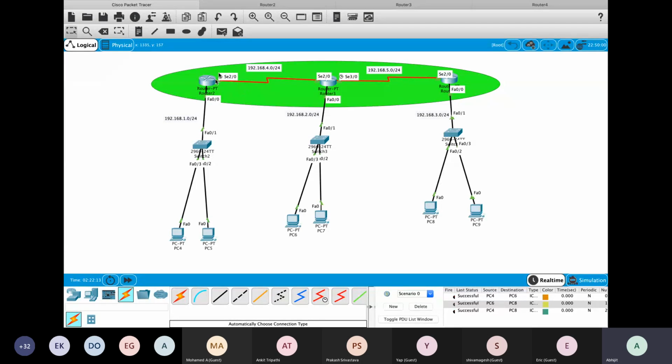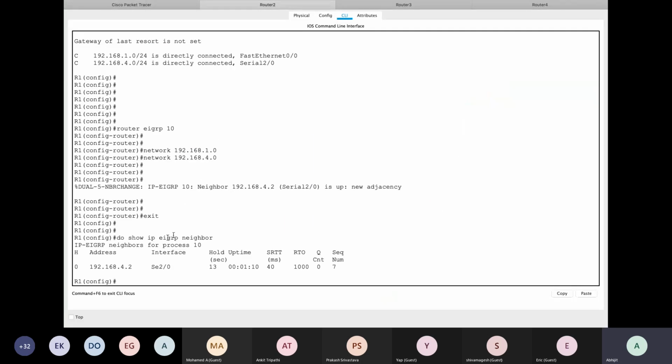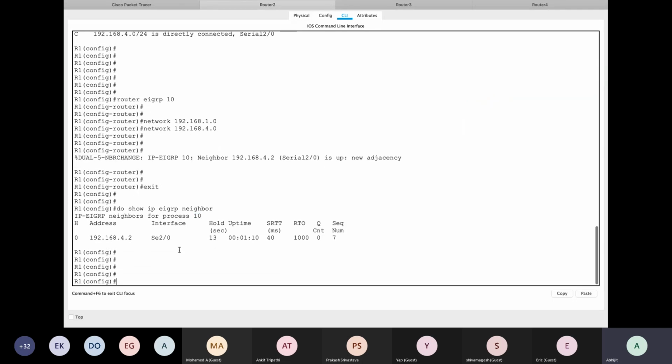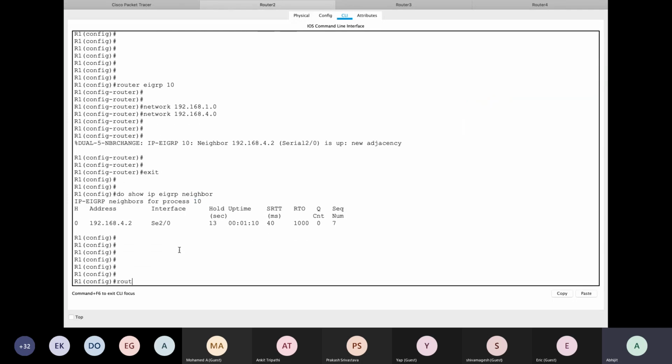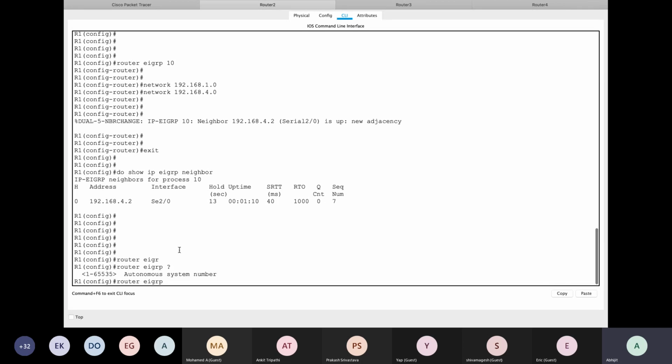And the EIGRP number 10 over here represents our autonomous system number. So this 10 can be anything. When I say router eigrp and give a question mark, you can see that it is the autonomous system number and it can be anything between 1 and 65,535.